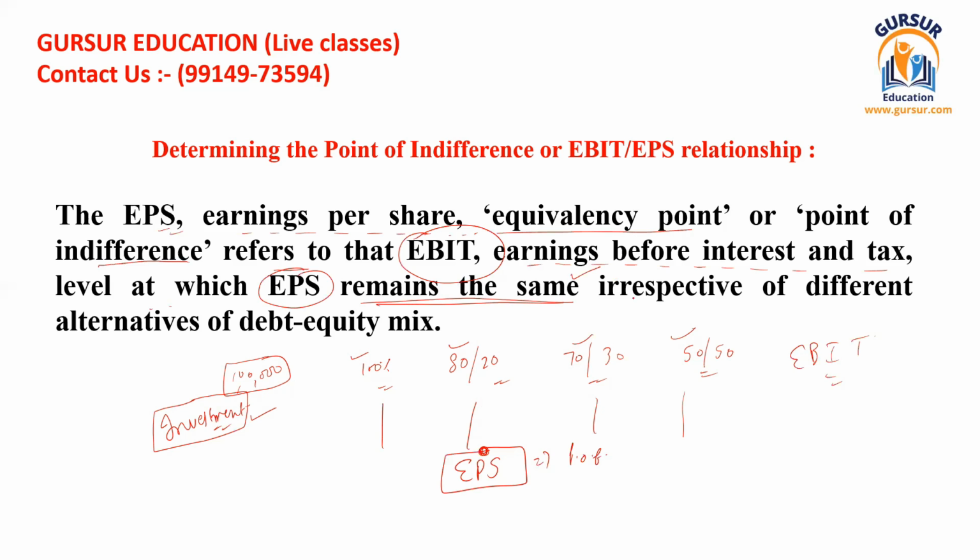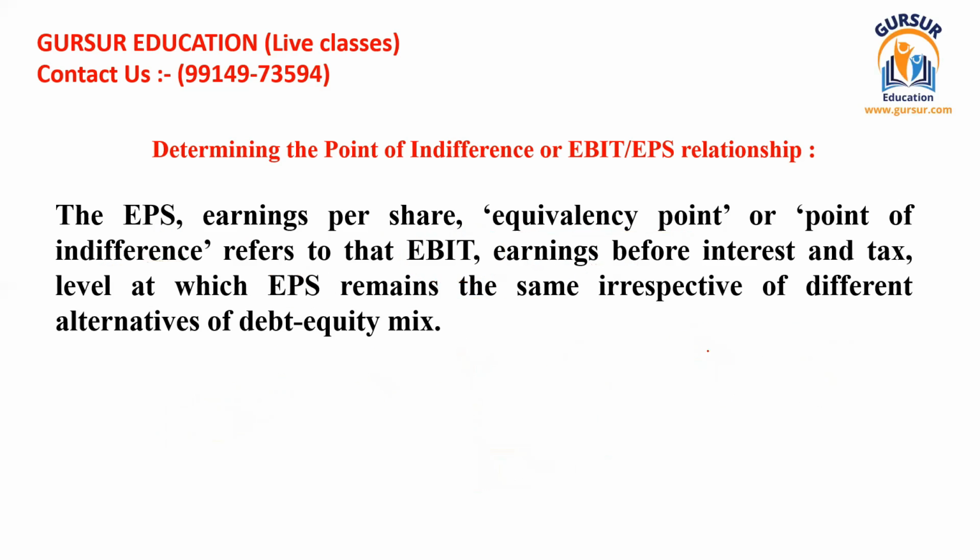It remains the same irrespective of different alternative debt equity mixtures. So irrespective of whatever the mixture is, the level of earning before interest and tax which yields you an equal amount of earning per share is known as the point of indifference.